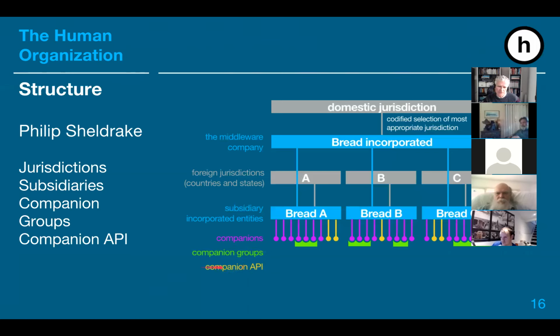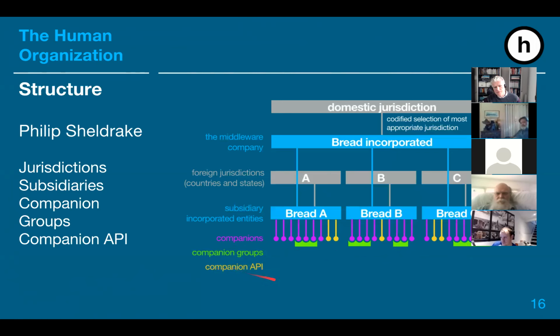And then there's an interesting thing, what he calls a companion API. That was an early concept from Philip: an API that these people can actually work together with, to connect, reach out, and understand what is happening, what they are currently working on. And that, to me, is exactly the function of the social ledger.